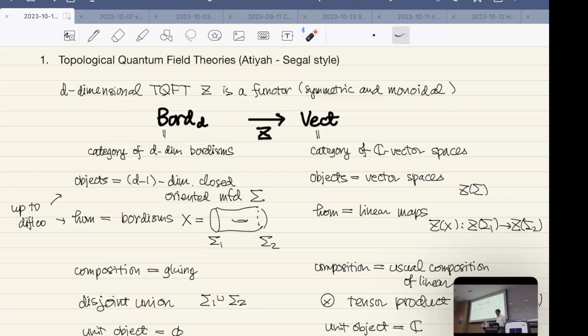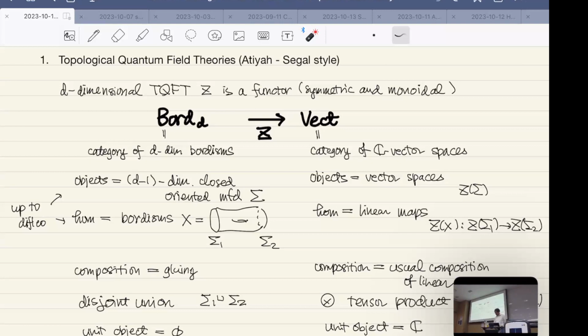And the tensor product is the tensor product of vector spaces, and the unit object, as I said, is the base field, the complex numbers. So a TQFT is a functor Z, which assigns objects to objects, homomorphisms to homomorphisms, and the composition corresponds to composition, and the tensor product is respected.